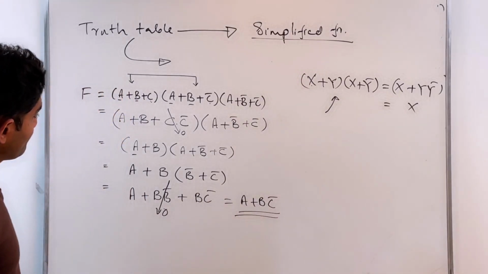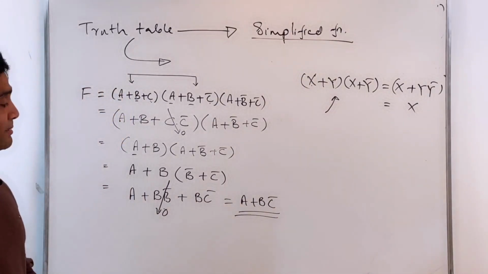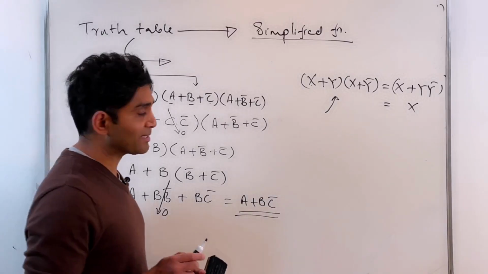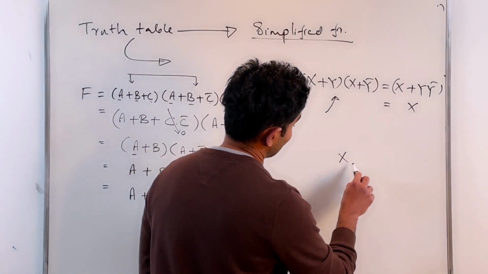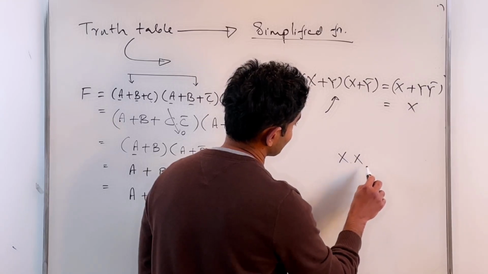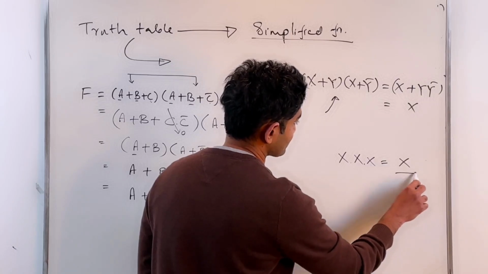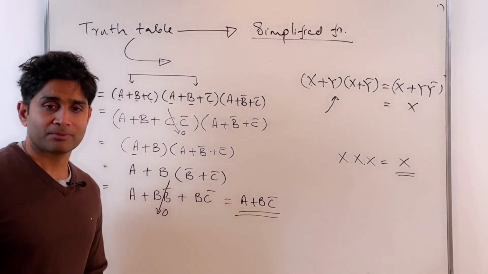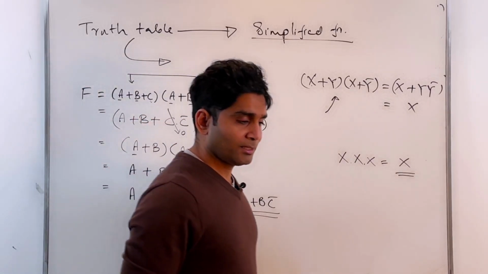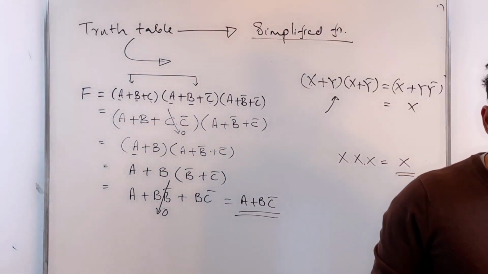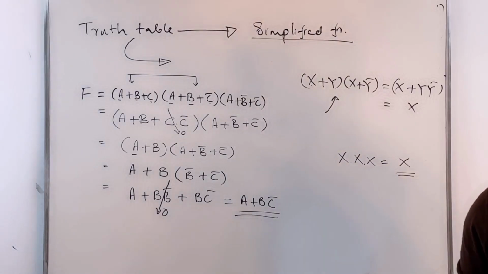Okay. Another way, again, is I can still use this identity x times x times x, any number of times, it's still x. Right? We have seen that in the last class. Any variable ANDed with itself, any number of times, would provide you with the same answer.